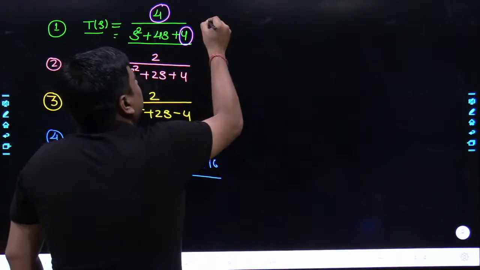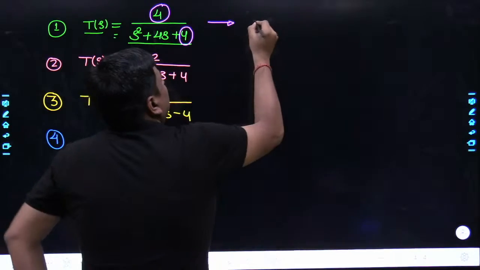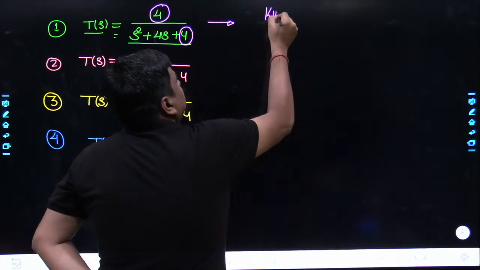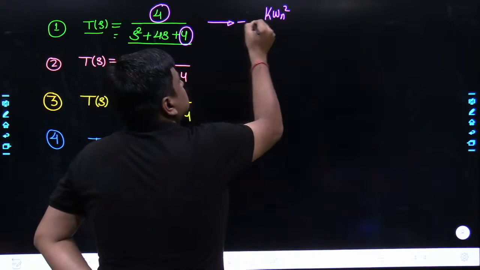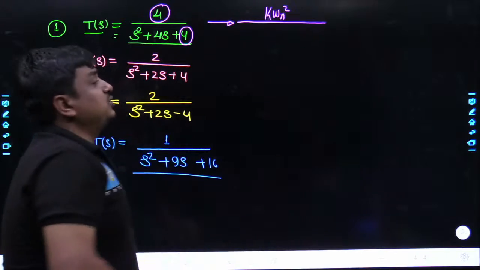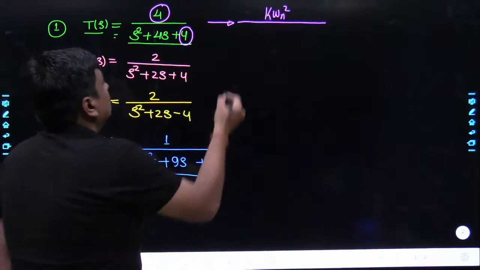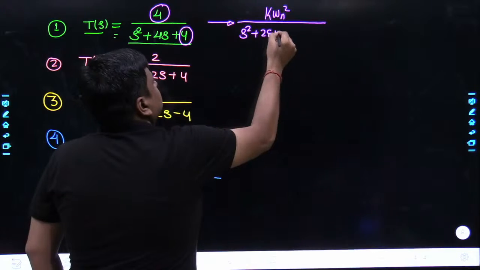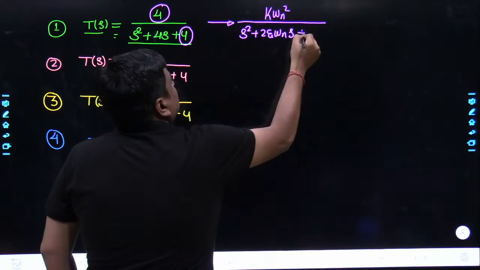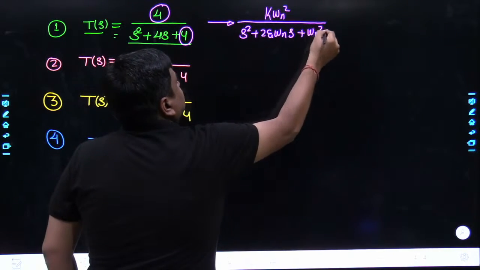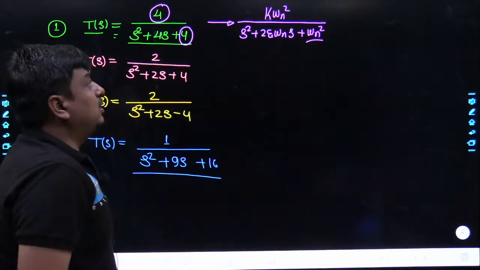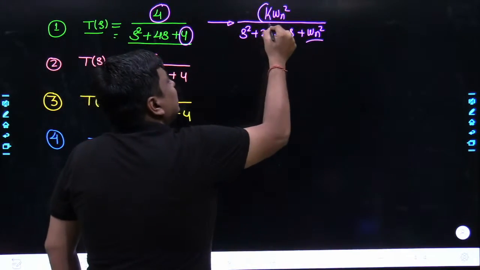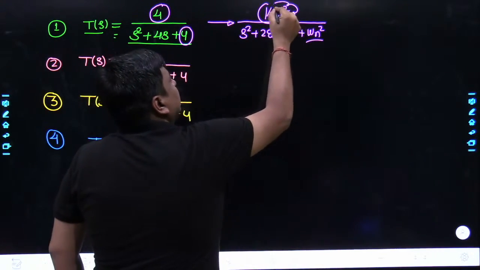So what I would suggest to each one of you, always keep the proper reference of the standard second order system. One thing is quite clear, the numerator is not omega n square alone, it also has the k.